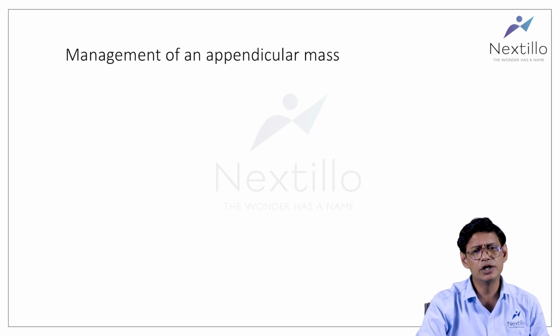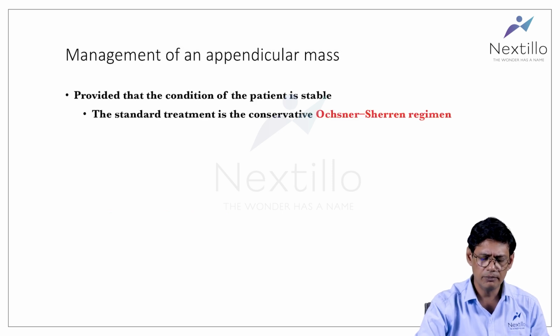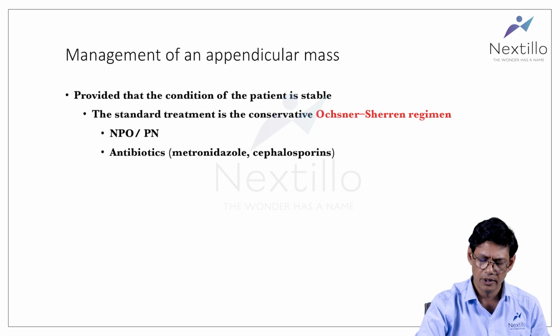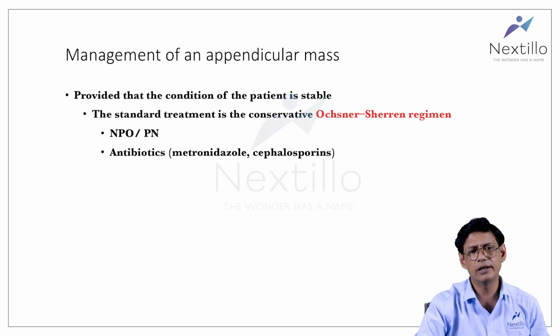Provided that the condition of the patient is stable, the standard management of the appendicular mass is known as the Ochsner-Cherren regime. This regime includes: the patient should be made nil per oral and parenteral nutrition should be started. Prophylactic antibiotics should be given.